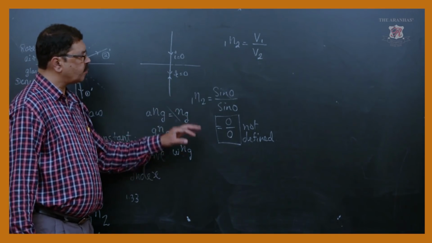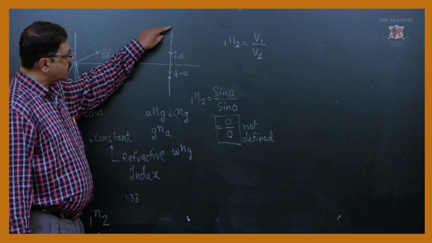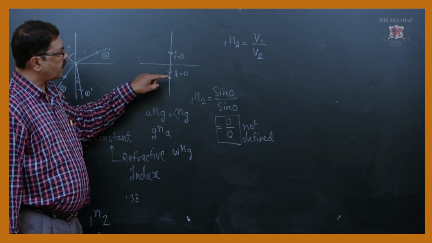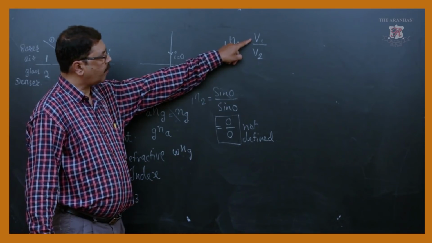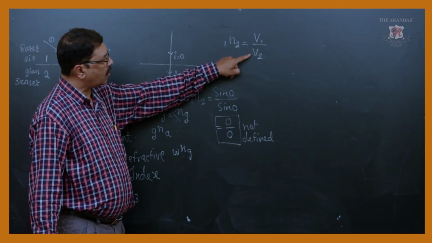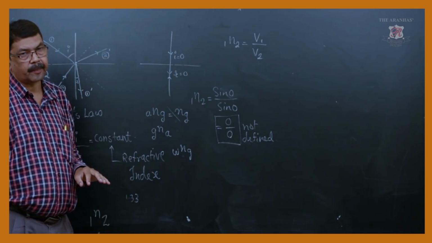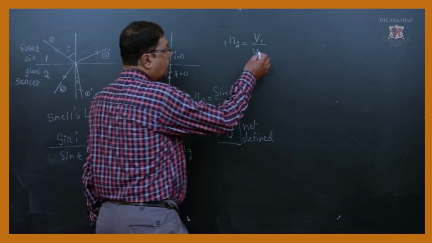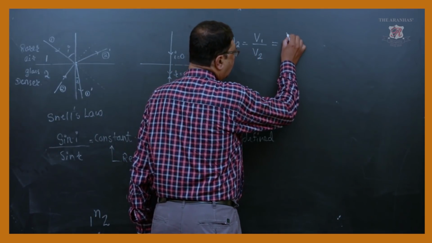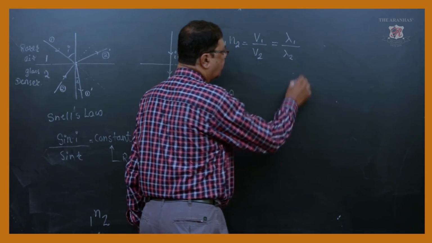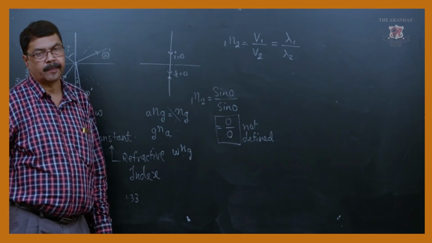Coming back to this, in this particular situation, when the incident ray is traveling along the normal, the refractive index is given by the ratio of velocities of light in the first medium to the second medium. It is the same as the wavelength of light in the first medium to the wavelength of light in the second medium.